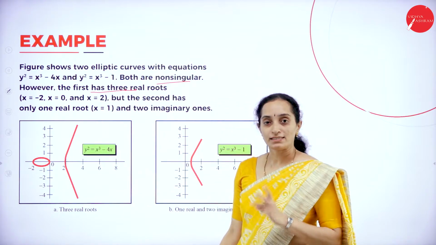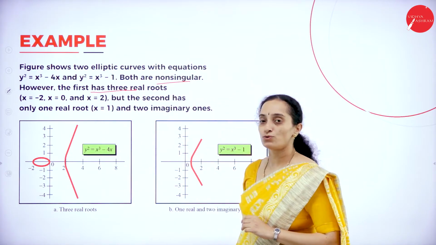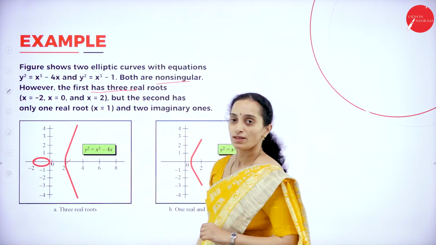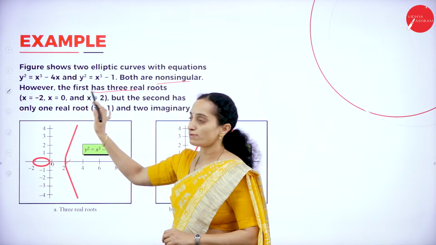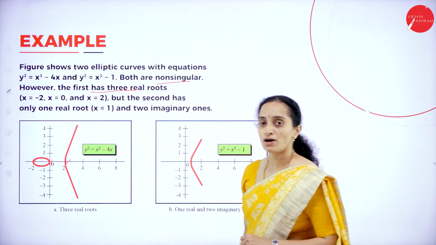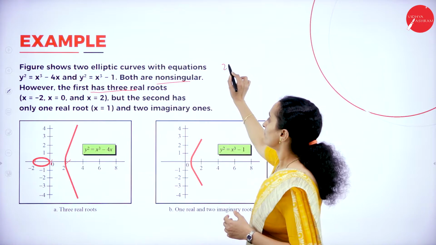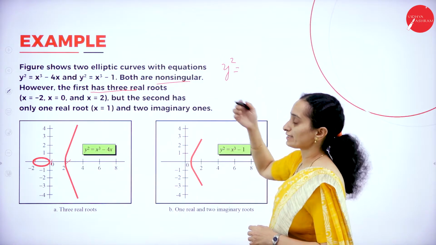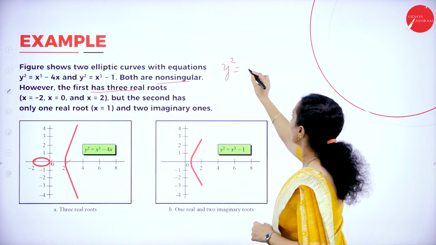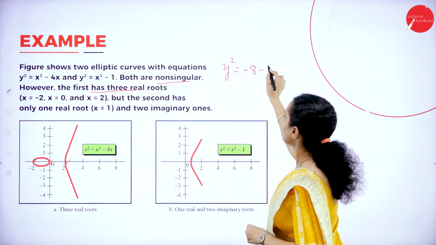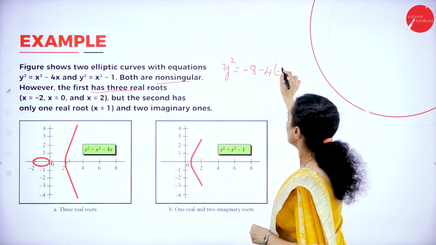However, the first has 3 real roots, that is −2, 0, 2. So x = −2, x = 0 and x = 2. You can calculate y based on these values, like y² = x³ − 4x. If you take −2, it will be −8 minus 4 into −2.